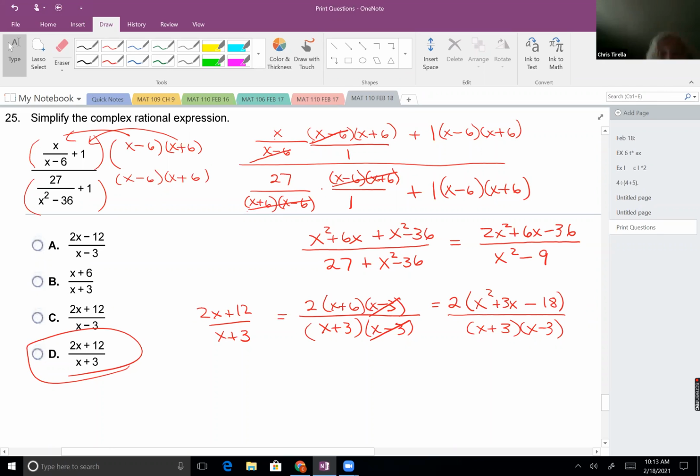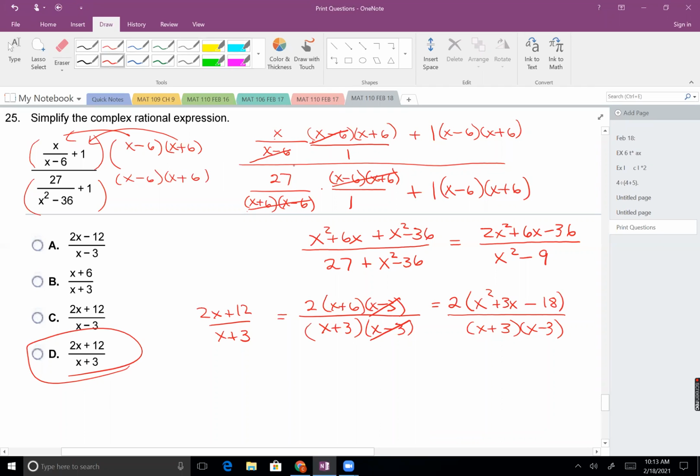With complex fractions, when you're distributing, like in 25, how it's x minus 6, x plus 6. So it would be x over x minus 6, and then you'd have a separate fraction of x minus 6 times x plus 6 over 1, and that's how you would distribute it.